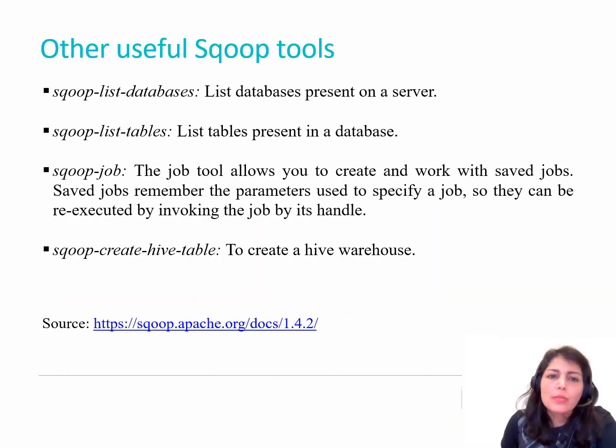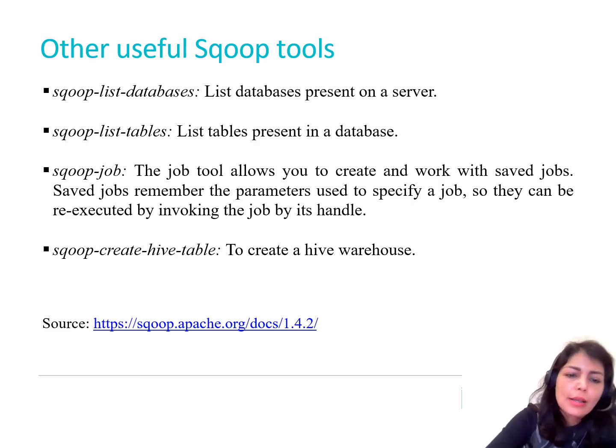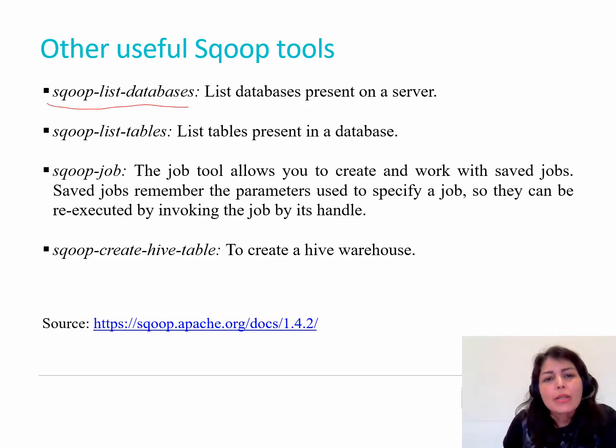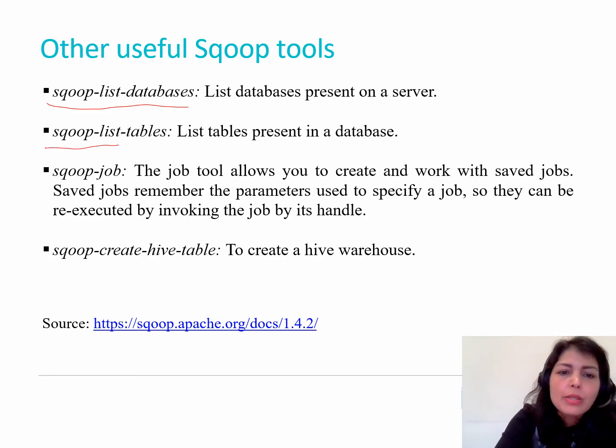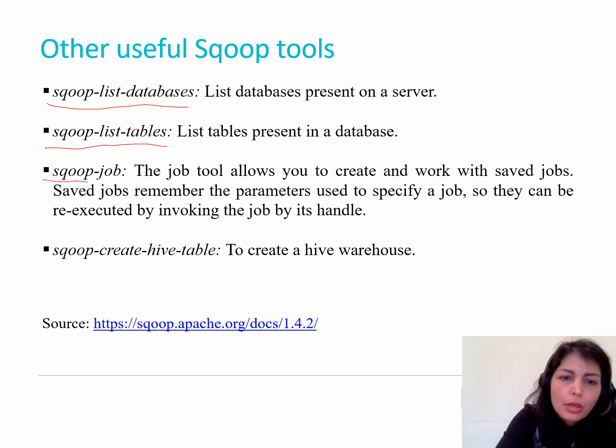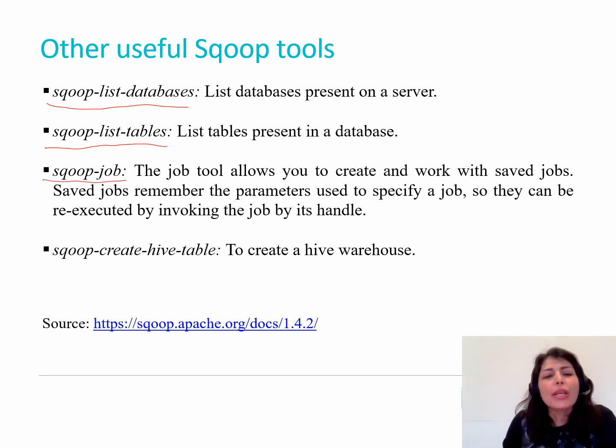We have more useful Sqoop components like Sqoop list databases, which lists the existing databases on a server, or a Sqoop list tables, which lists the existing tables in a database. A Sqoop job enables you to create a job or work with existing jobs, but it's really important to remember how you have to specify a job and how you have to connect to the repository and invoke the job.